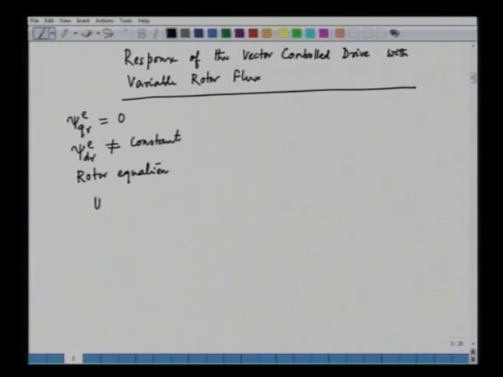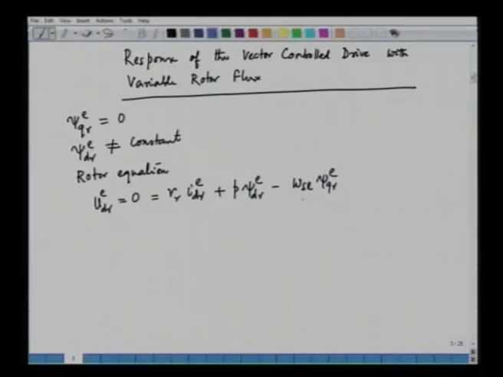We can say that VDR, the rotor d axis equation, equal to 0, that is equal to RR IDR plus P psi dr minus omega SL psi QR. But we know that in case of a vector control drive, there is no q axis rotor flux. So, we can make this equal to 0, this component does not exist, and if this component does not exist, we can further simplify this equation.